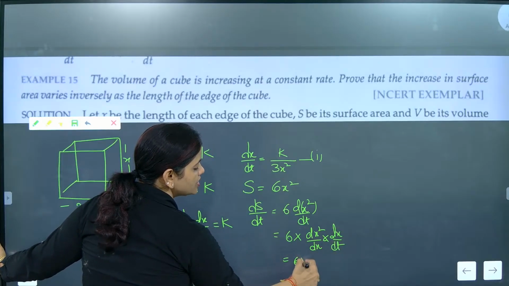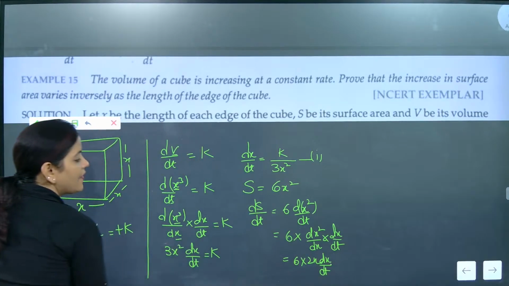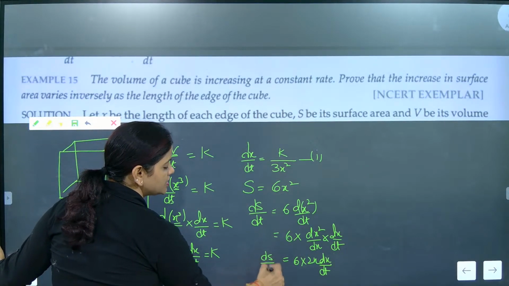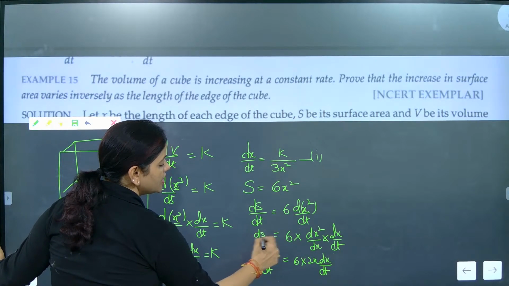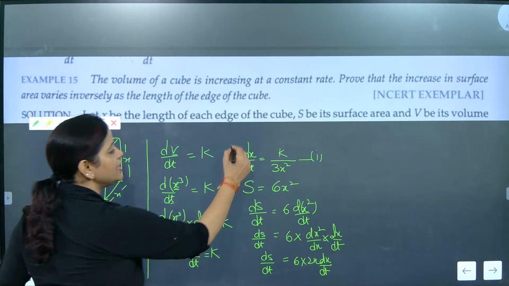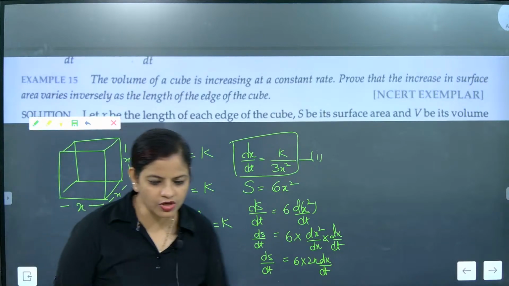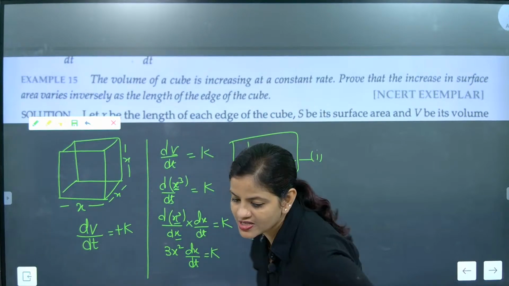So it will become 6 into 2x dx by dt, and that will be equal to ds by dt. Till here we have written. Now beta, we already have dx by dt as k by 3x square, so it is already present there.